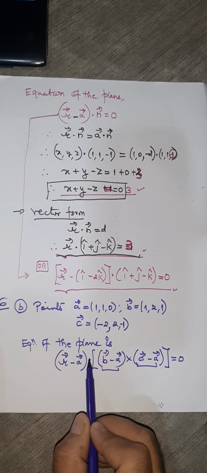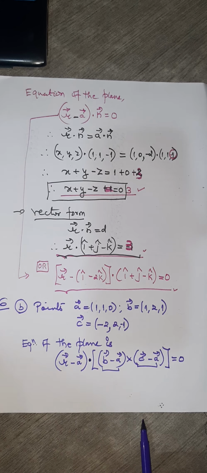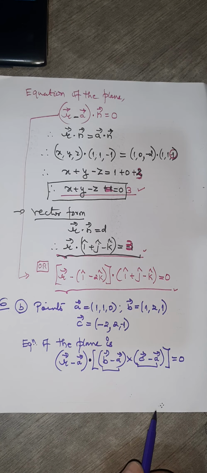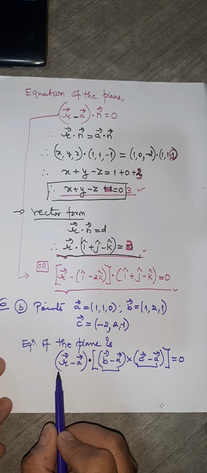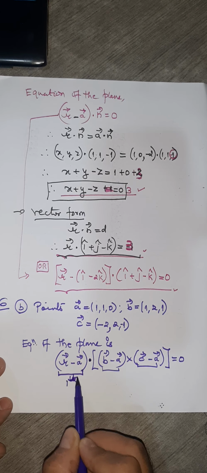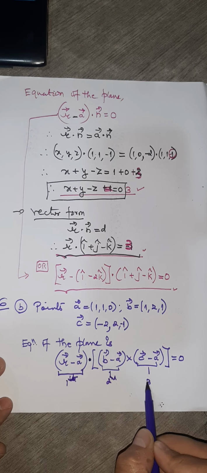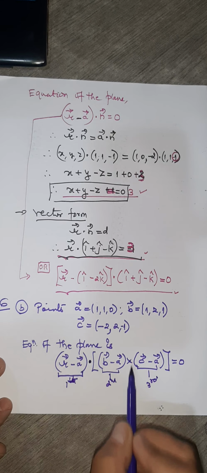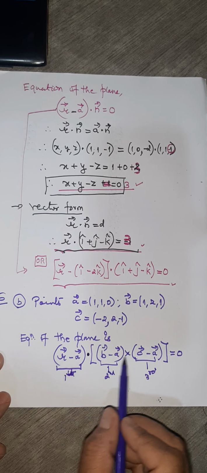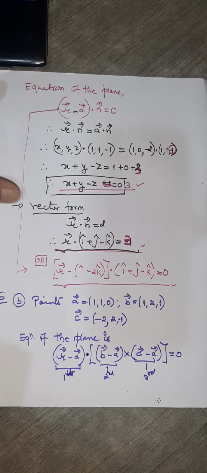Now normally when you have dot and cross, it always represents a determinant. So I'll write it in the form of a determinant. The first row, the second row, and the third row. When you have dot and cross, cross is always the determinant, but here with dot, this is just the first row.